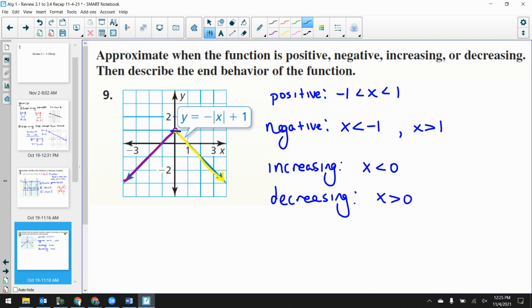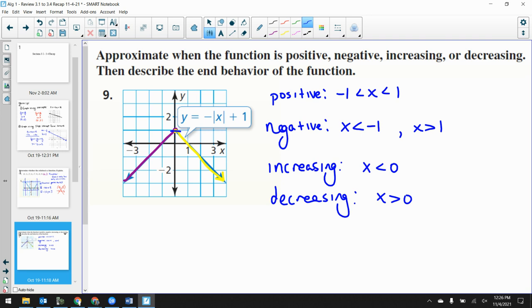Now, I don't have the blanks on my paper here like you do for the end behavior. Remember, it says as x goes to infinity, as x arrow infinity. That means as x goes to the right, because it's positive infinity, y goes to, now for end behavior, what's it doing on both ends of this thing? It's going down, right? How do I write going down?